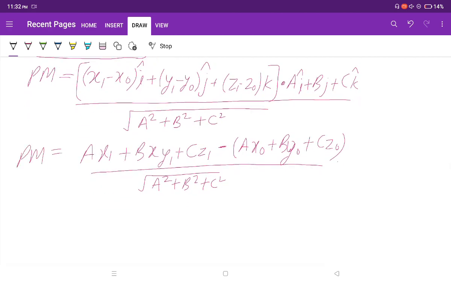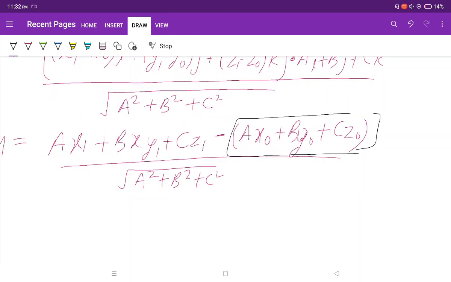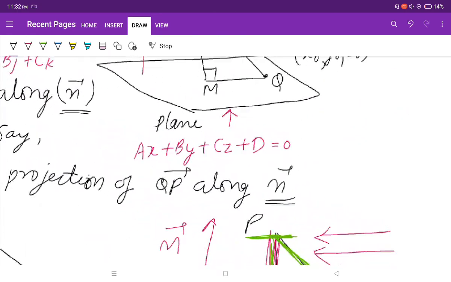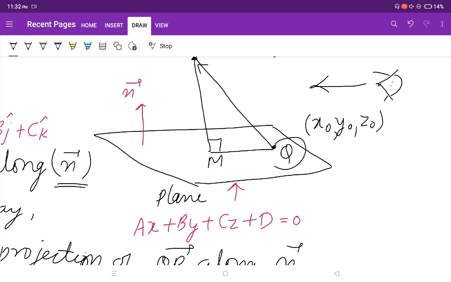Now see this a x0 plus b y0 plus c z0, where x0, y0, z0 was the point Q lying on the plane, which means it will satisfy the equation of the plane.